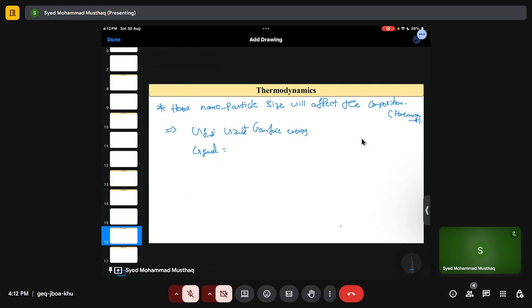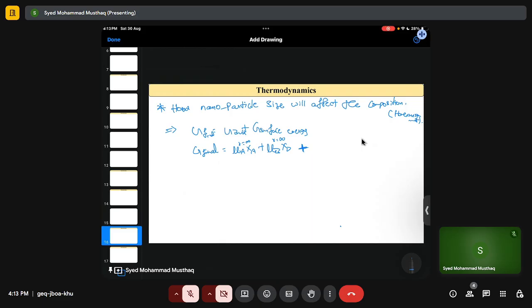Okay. Now if I substitute the bulk term here, it will be mu A xa plus mu B xb. And we were considering R equals infinite. Right? R very large. You are only considering bulk. And what about the surface?